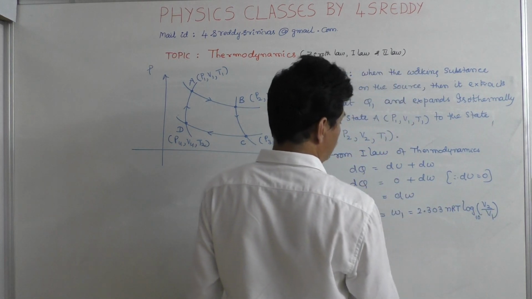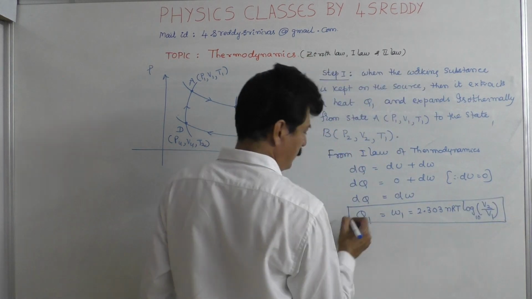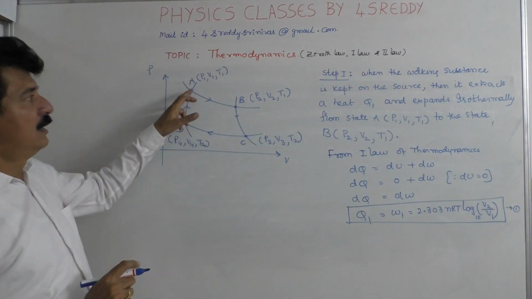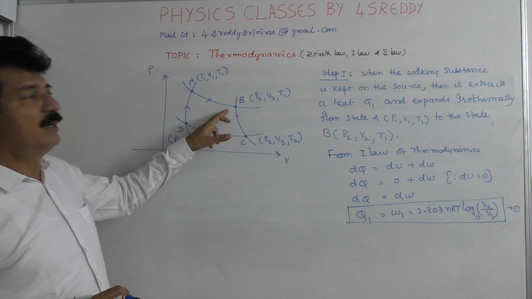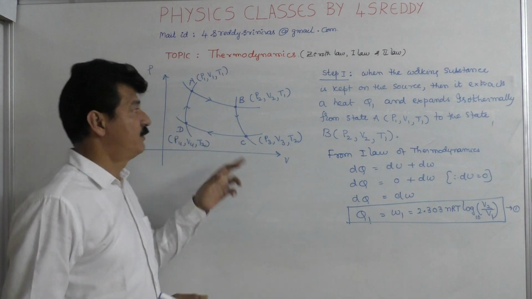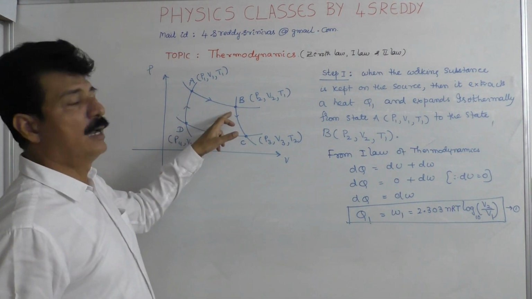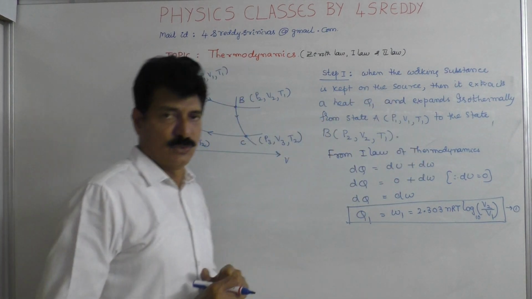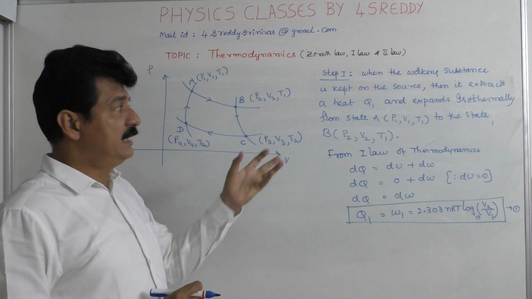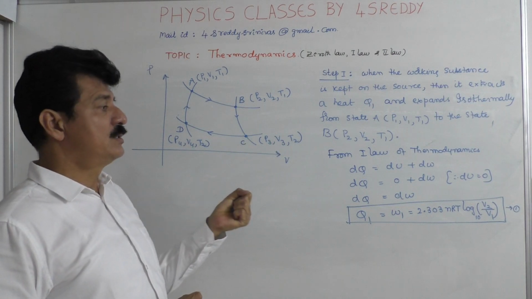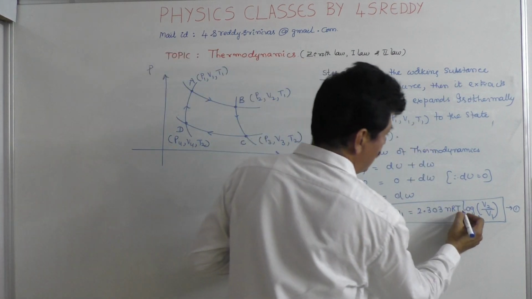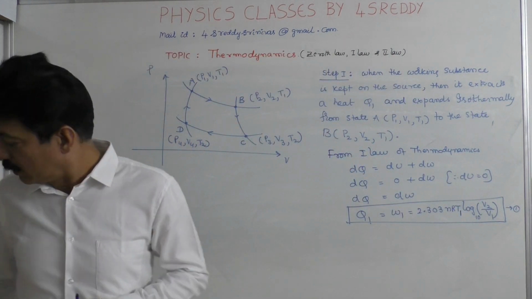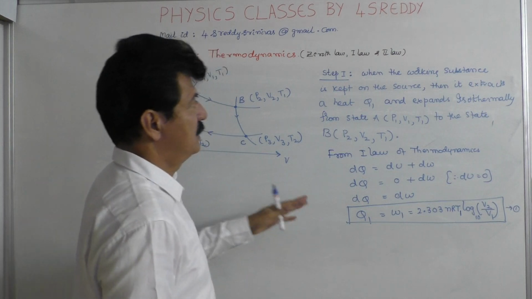This is equation 1. In the first step, it undergoes an isothermal process when the working substance is kept on the source. Then it extracts heat Q1 from the source, and here it is nRT1 because the temperature remains constant.